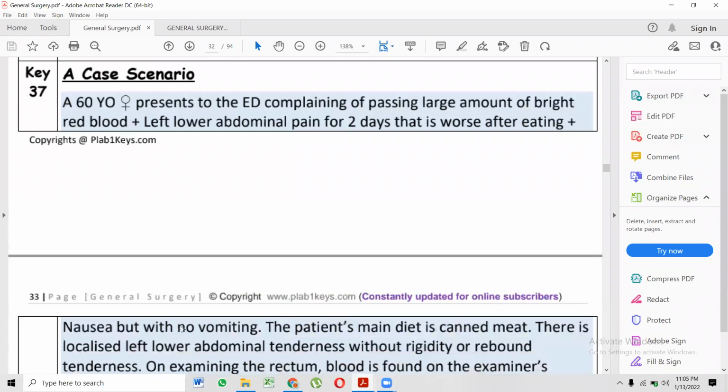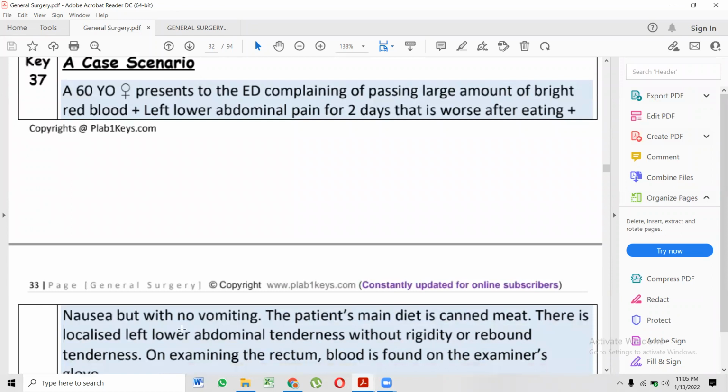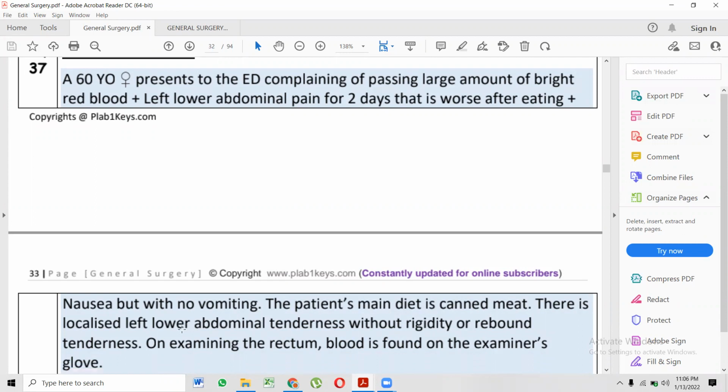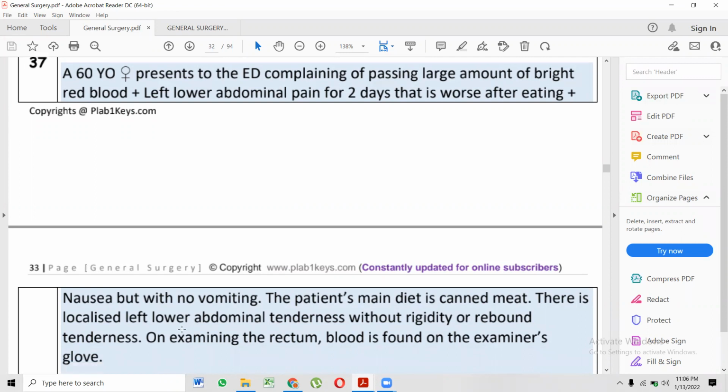You all know that yesterday or the day before yesterday we discussed how a perforated diverticulum can present to us. Now today we have discussed that a bleeding diverticulitis can mimic colorectal carcinoma, so you need to differentiate between these two.